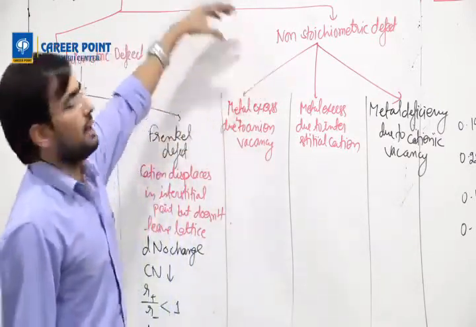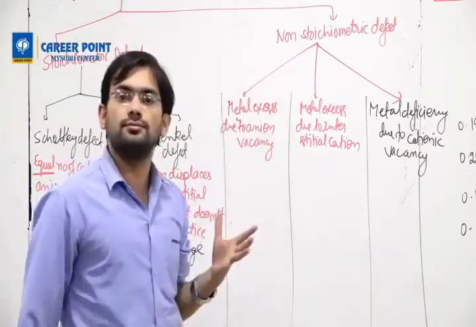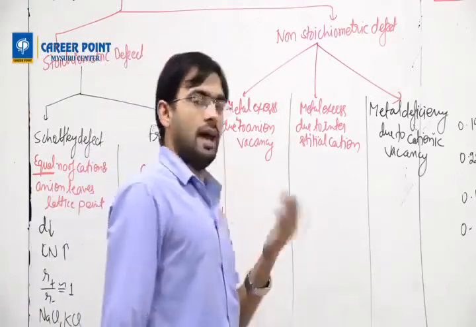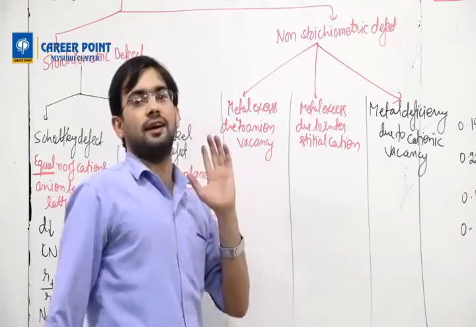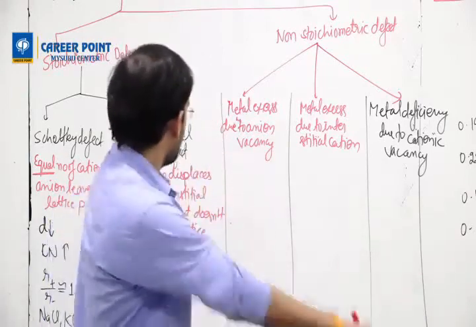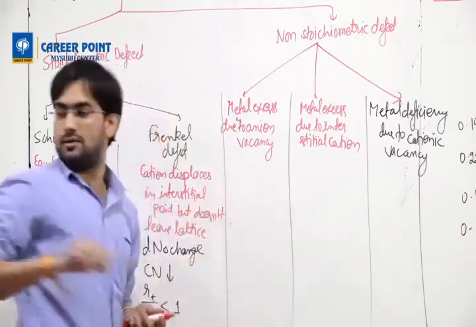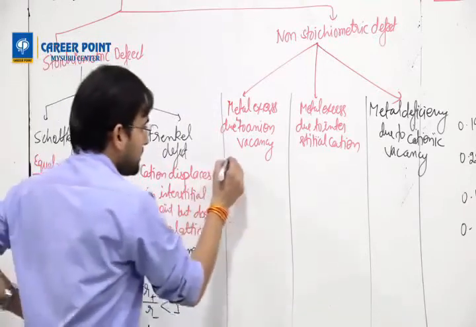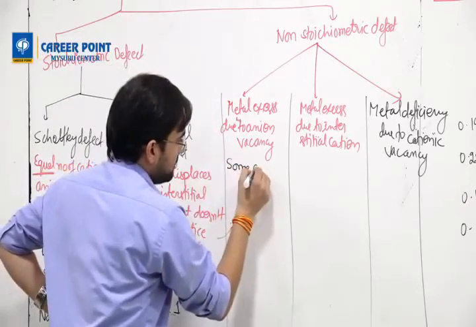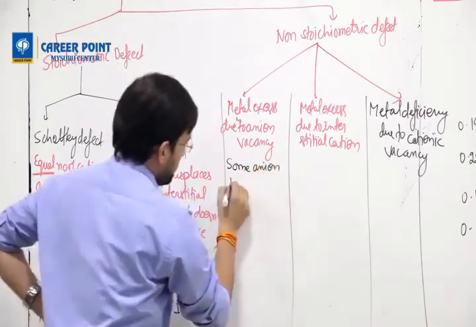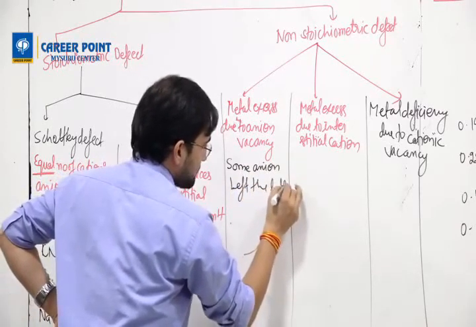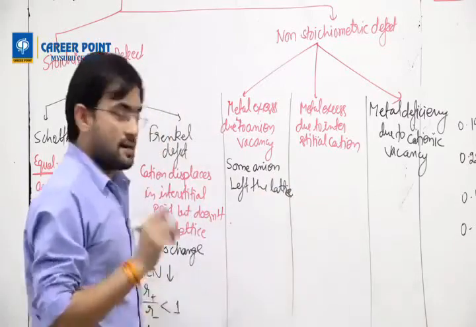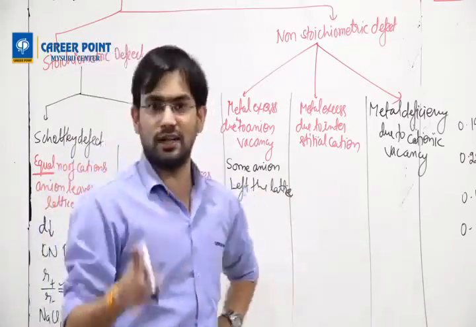Metal excess means you have more metal. Na is more, Cl is less. Why? It could be because of anion vacancy, which means some anion left the lattice. Understand? Some anions left the lattice, not the cation together.